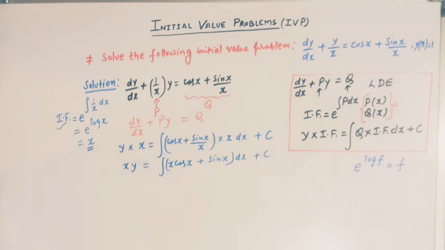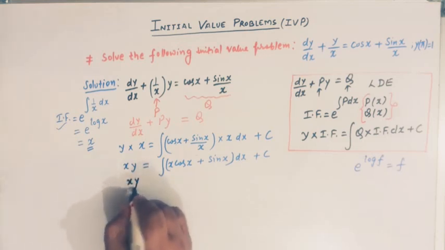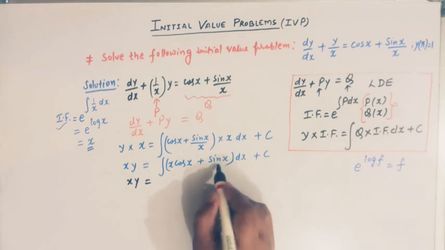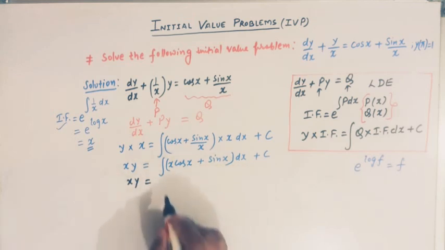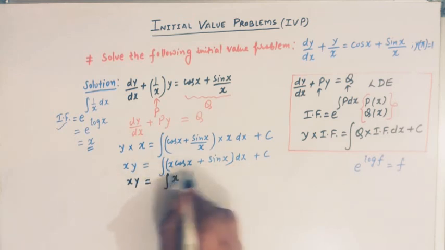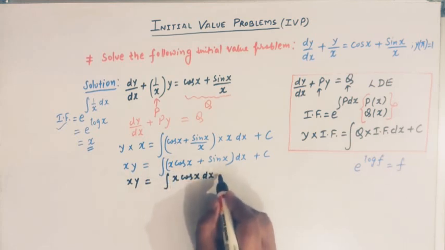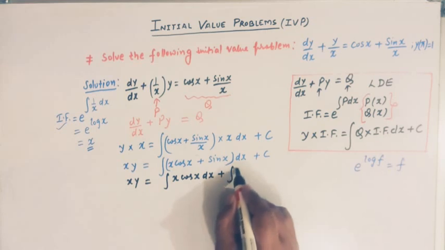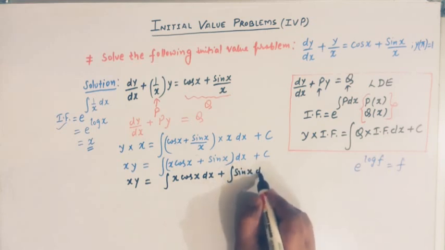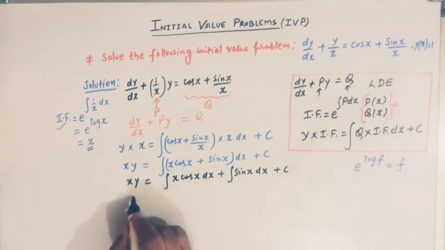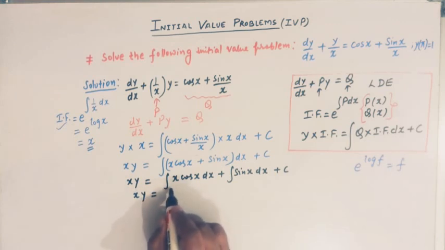Now here the integral of sin x is minus cosine of x, so we can write this expression as the integral of x cos x dx plus the integral of sin x dx plus c, so we can write it as xy.